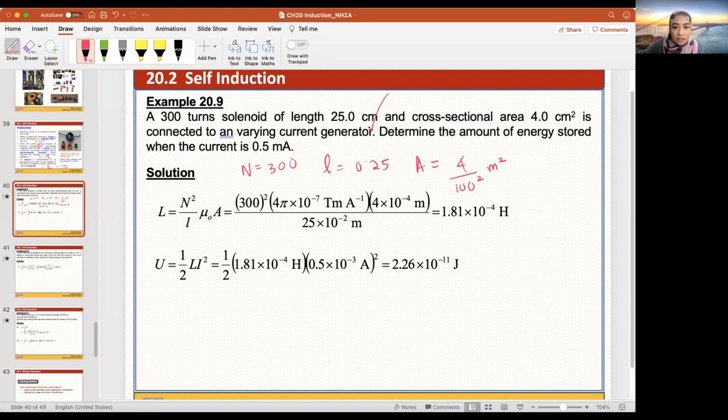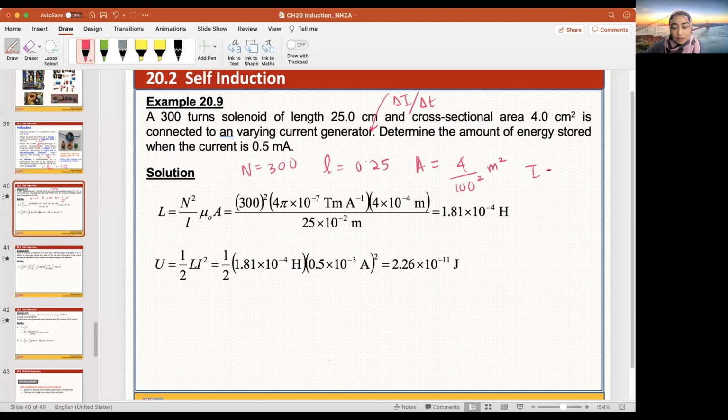So this is saying that the I is changing over time. Yang ni kita tak belajar lagi. Saya hold dulu. Nanti kita akan belajar in more detail about varying current generator. Basically what you need to know is that a generator produces a varying I over time. So determine the amount of energy stored when the current is 0.5.